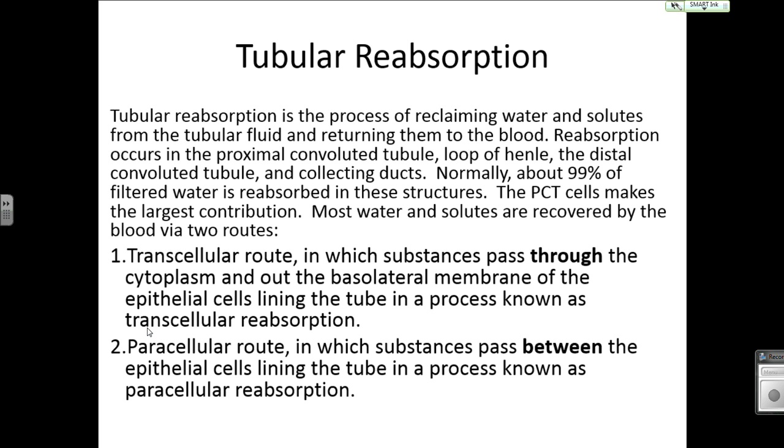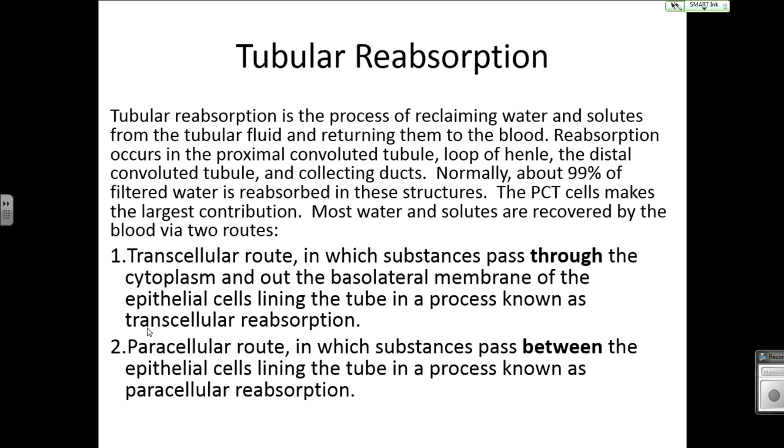So, tubular reabsorption, remember, refers to the return of substances from the tube into the blood. Like I said, 99% of that water that we just filtered out is going to return back to our various structures. Primarily, we're talking about the proximal convoluted tubule, the PCT as it's abbreviated here.